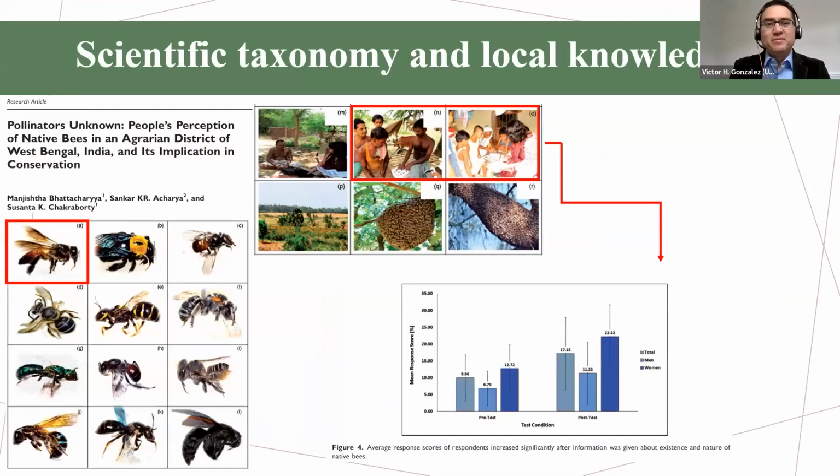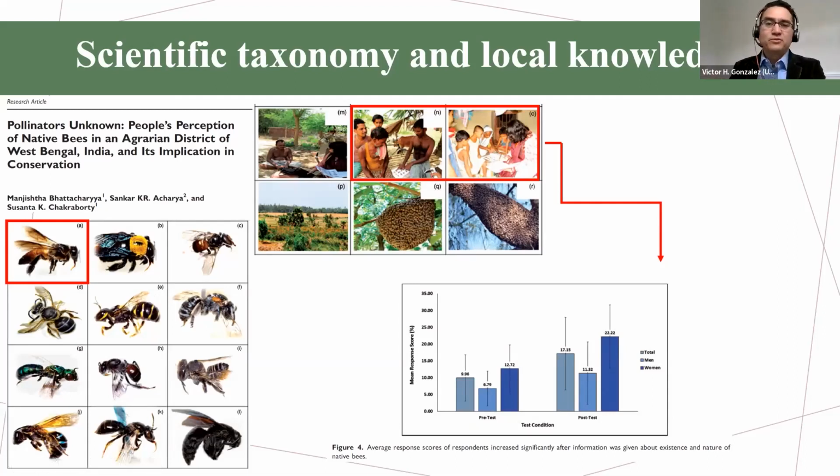However, I think something important here is that scientific knowledge may inform local knowledge. In the paper that I mentioned, in India, where they only recognize honeybees and a few stingless bees, they did something very interesting that shows how scientific knowledge and scientific taxonomy can inform and maybe in the future improve this local knowledge. In the figure at the bottom, they measured people's ability to recognize different kinds of bees.